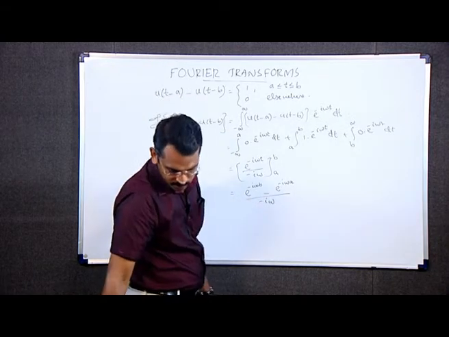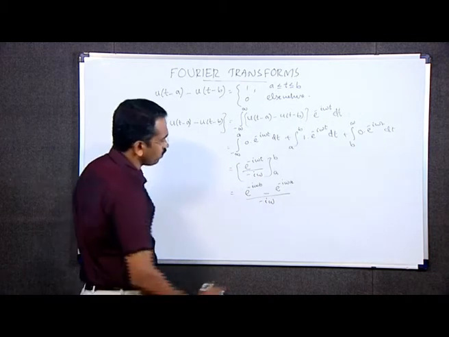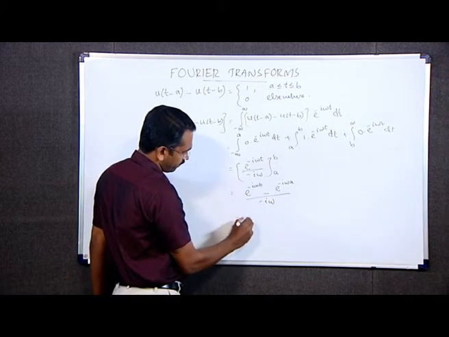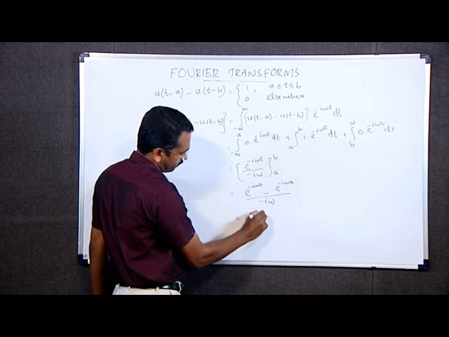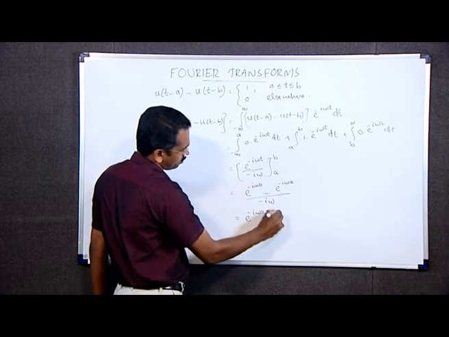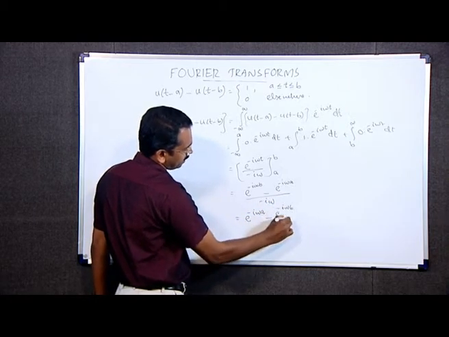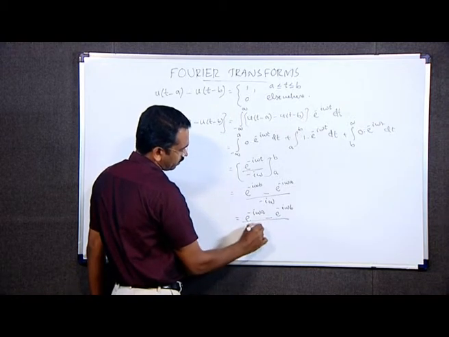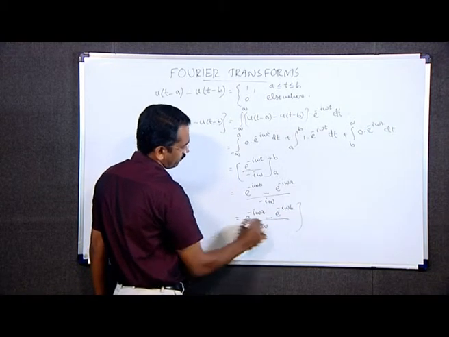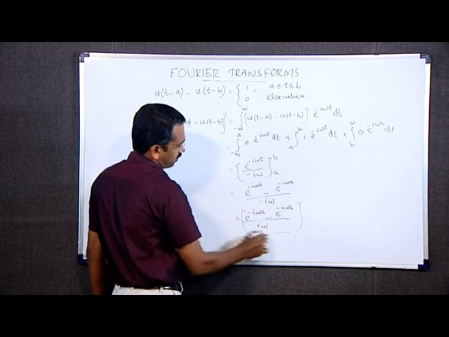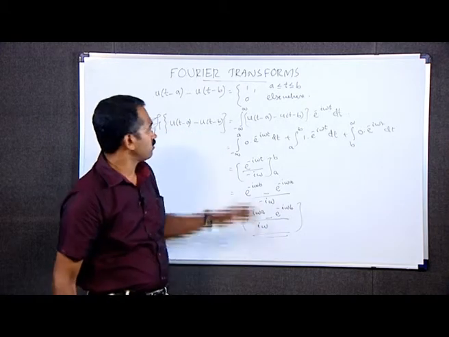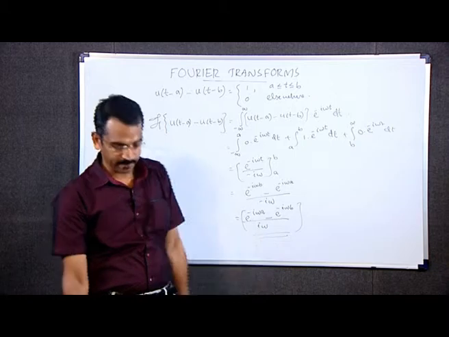That is, (e^(−iωa) − e^(−iωb)) all divided by iω. This is the required Fourier transform of this function.